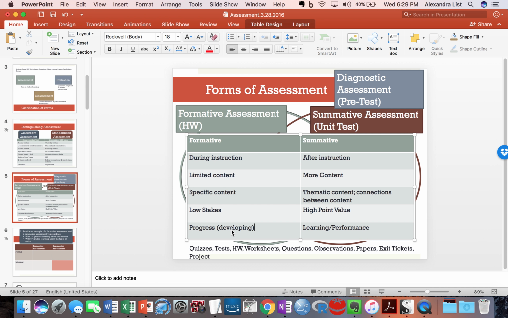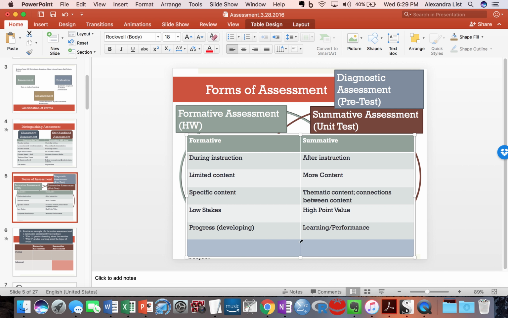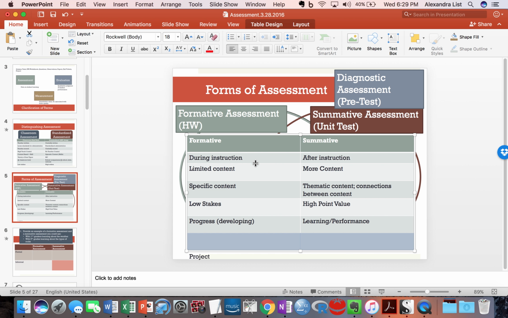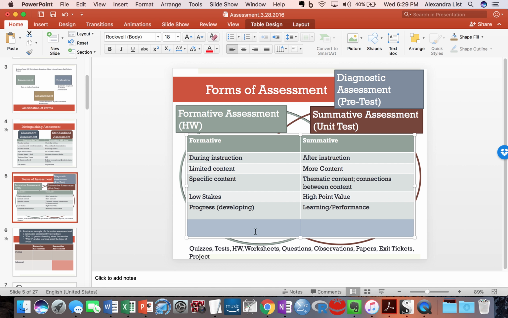And so these formative and summative assessments also have a different relationship to instruction. Let me insert a row below. This also corresponds to when they happen, either during or after instruction. But basically, formative assessment informs my instruction in a big way. In fact, that's a good mnemonic: formative assessment informs instruction.